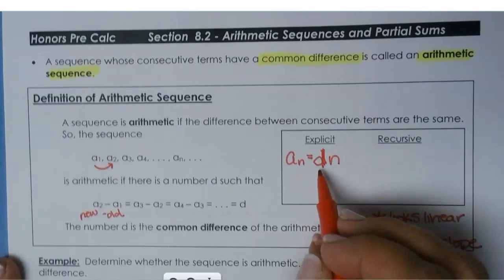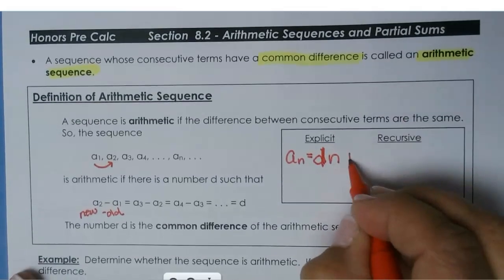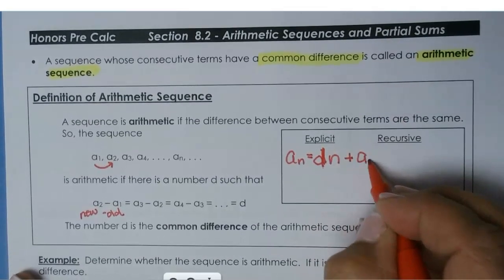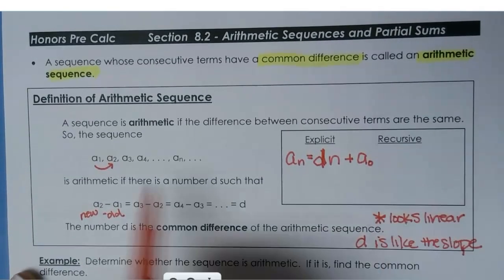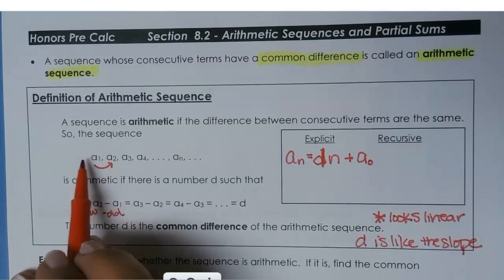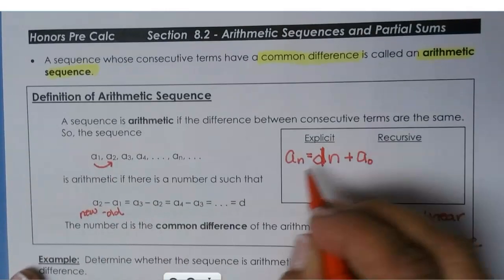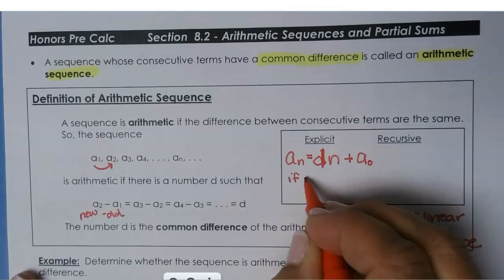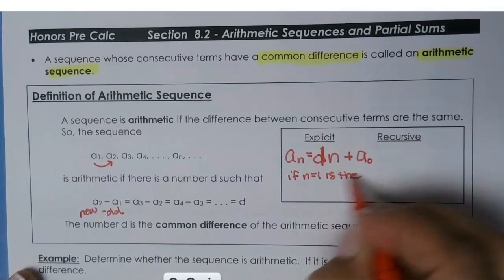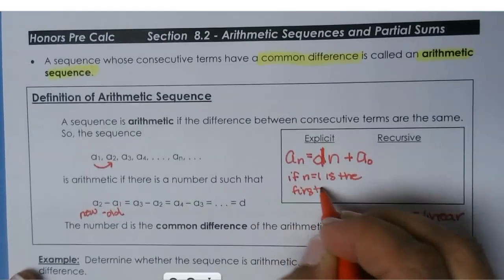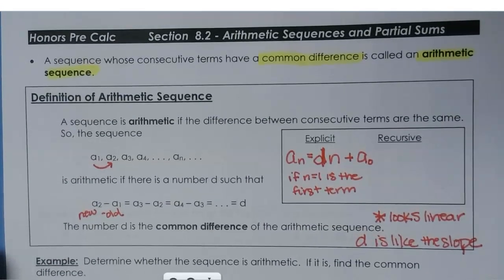And if d is like our slope, that's going to be the coefficient of n. And then we're going to add our a sub 0, not a sub 1, but if there was a term that came before that, what would it be? This is going to be the case if n equals 1 is the first term.